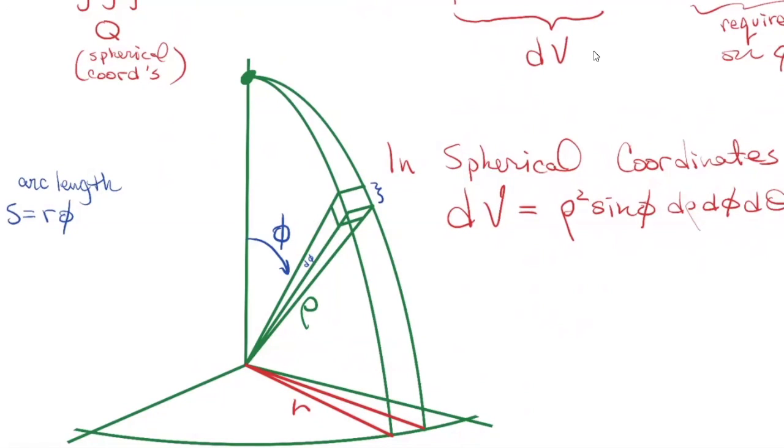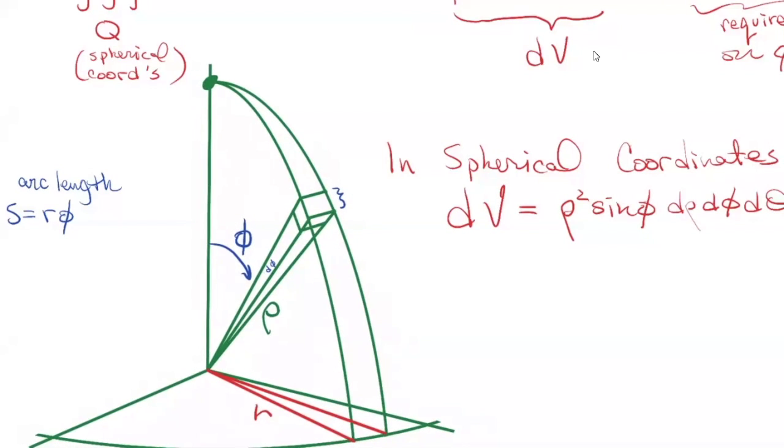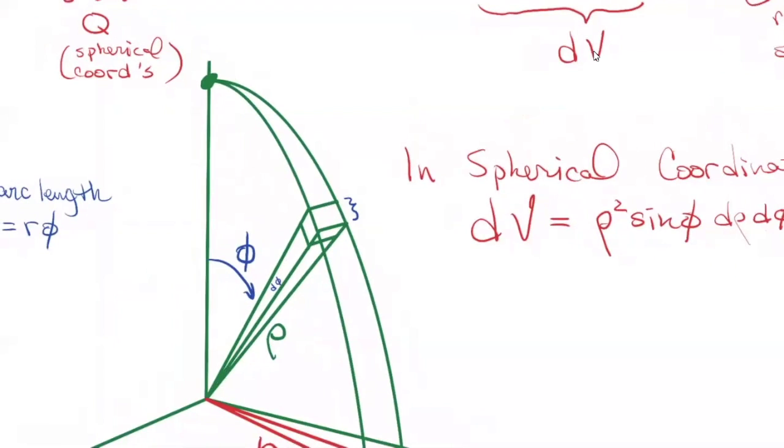So the little distance I'm labeling there is radius times angle, but this is a circle whose radius is rho. So this is rho d phi, right there.